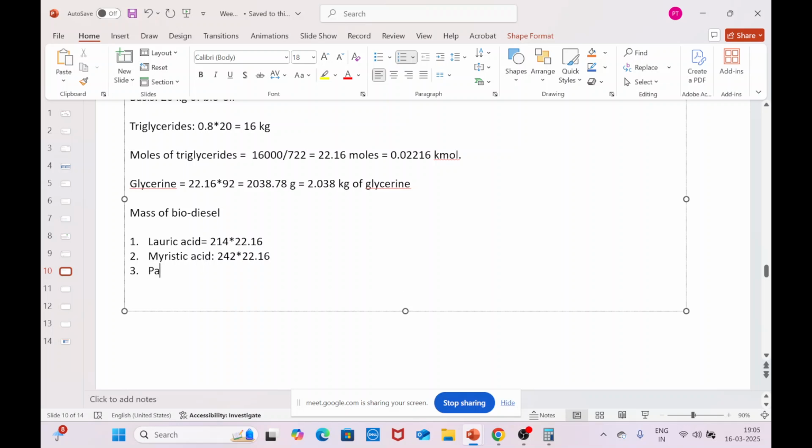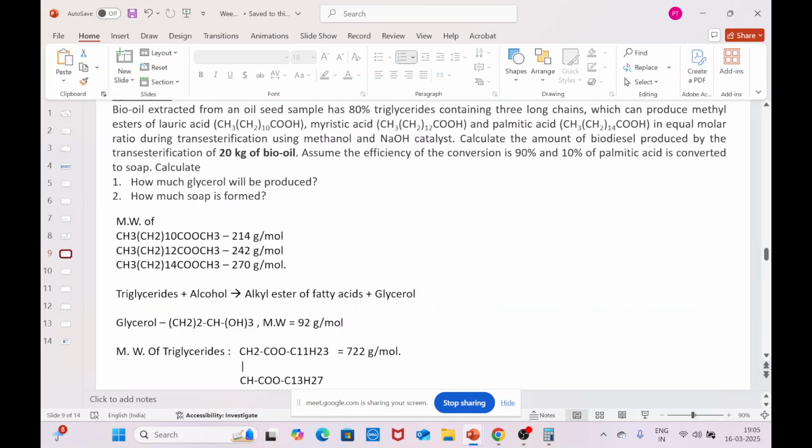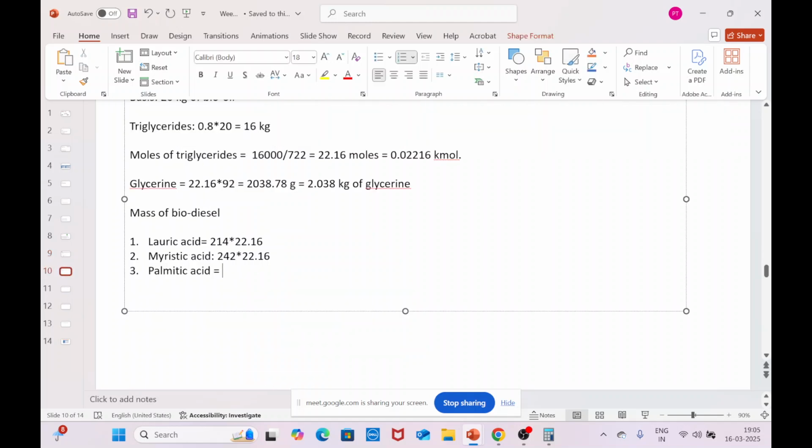For palmitic acid, it has a conversion of around 90 percent, so you need to incorporate that also. It will be 270 times 22.16 times 0.9.